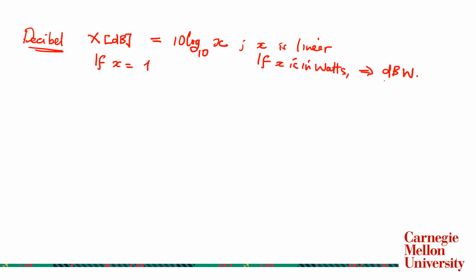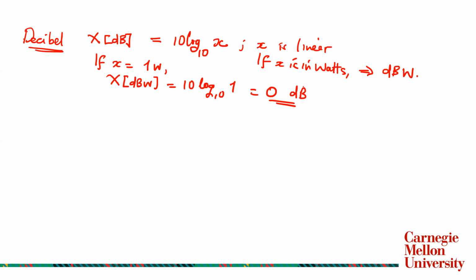When I say dB watts, I mean that the term that is in dB is in watts, a power, because we know power is measured in watts. So if x is 1 watt, for instance, even if it was just 1, the value would be the same, but when it's power, we want to be specific that this is a power value in dB. Then x in dB watts is equal to 10 log 10 of 1, which is 0 dB.